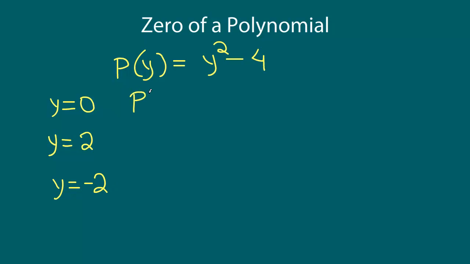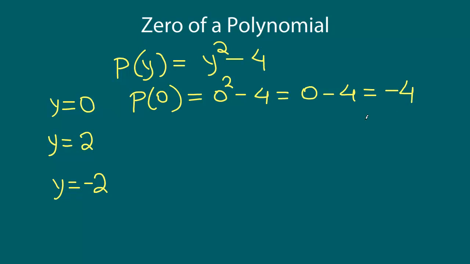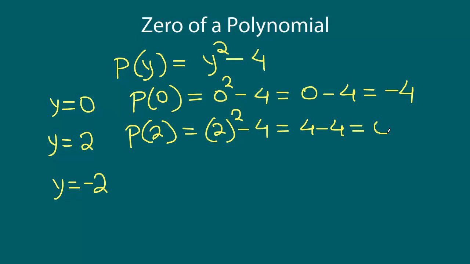So for y equals 0, our polynomial will be 0 squared minus 4, or 0 minus 4, or simply minus 4. So where y equals 2, we will get 2 squared minus 4. 2 squared is 4, minus 4 equals 0.